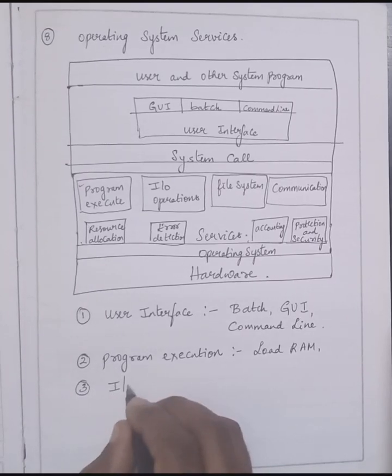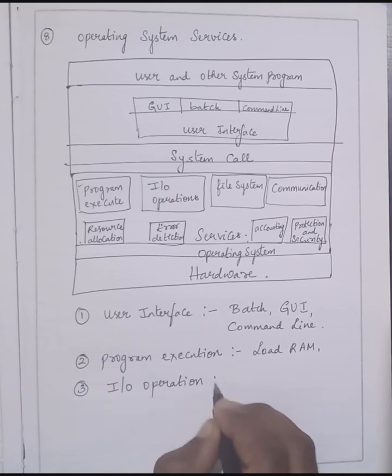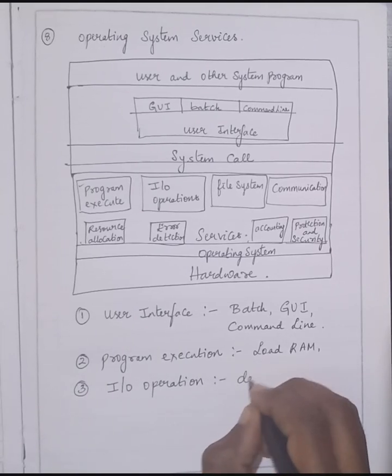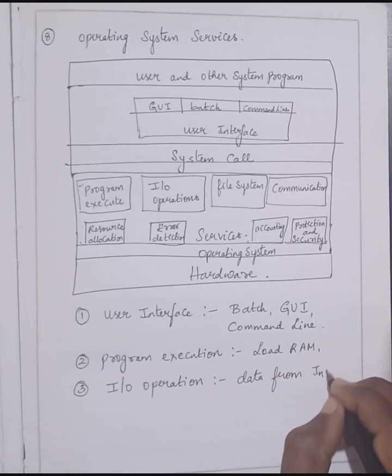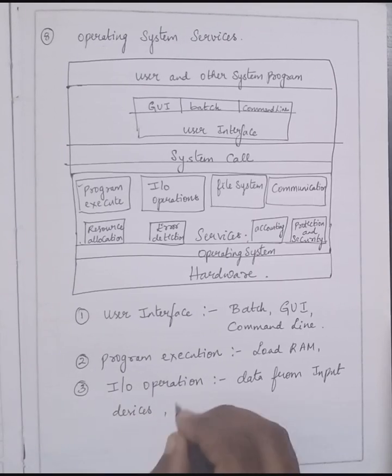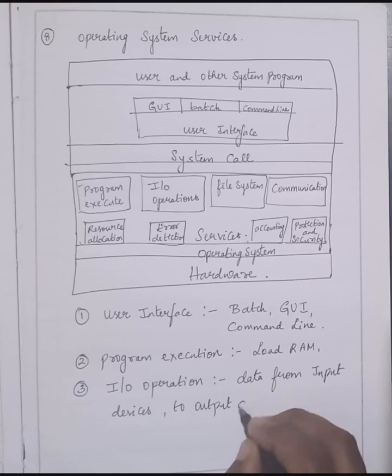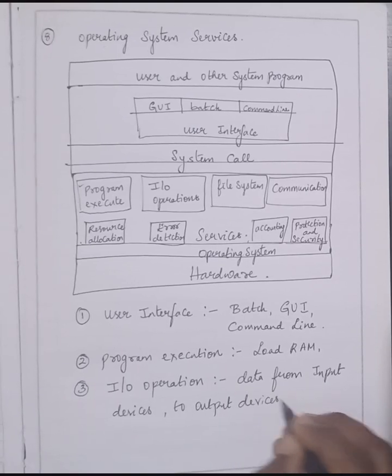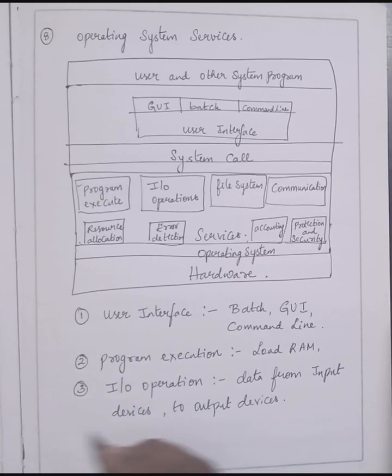Then input output operations. Whenever we want to transfer data from the input devices or to the output devices, that is taken care of by the OS itself. It will support us in transferring data between the input and output devices.